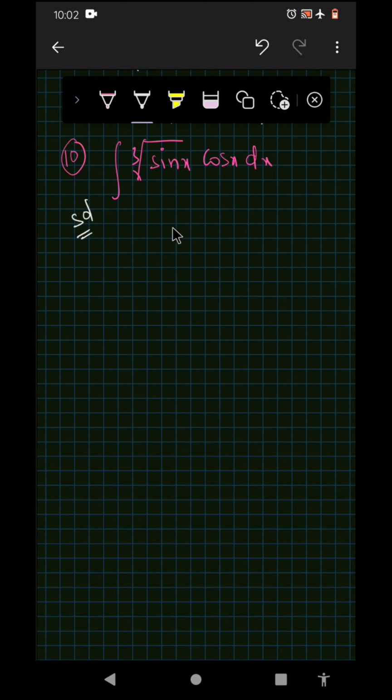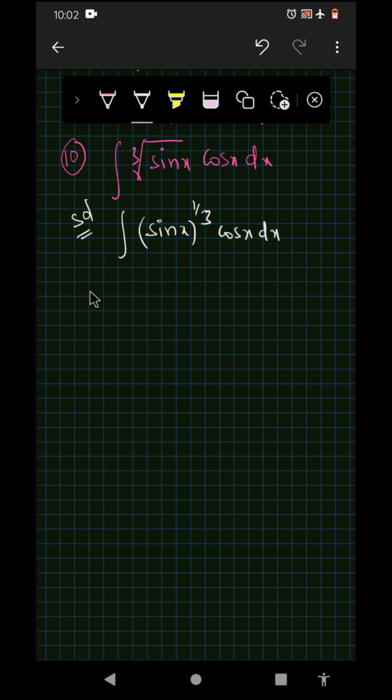So next problem is integration of cubic root of sin x into cos x dx. So we can write it as the integration of sin x power 1 by 3 into cos x dx, since cubic root means power 1 by 3.